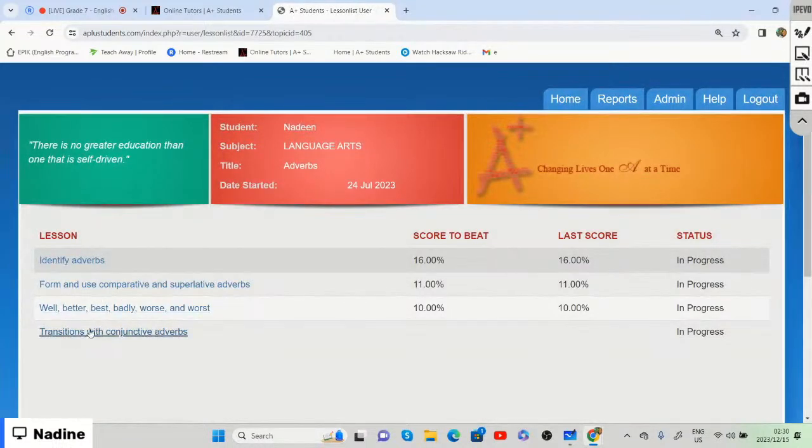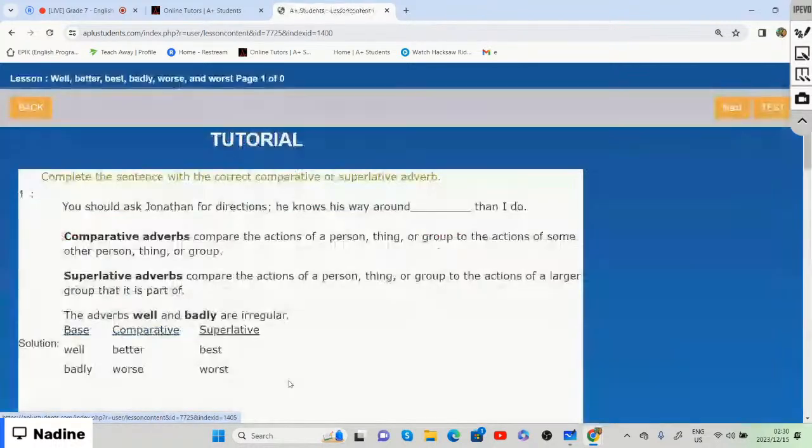All right, so now we're going on to the next lesson, which is well, better, best, badly, worse, and worst.